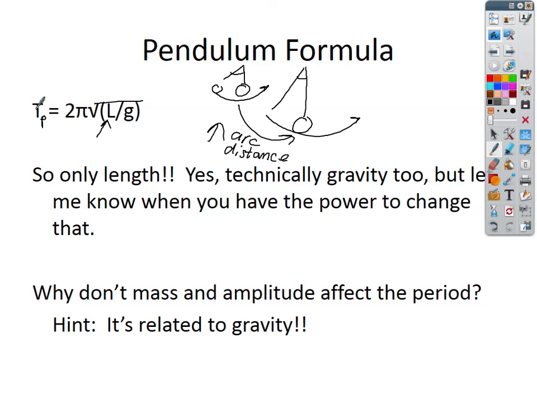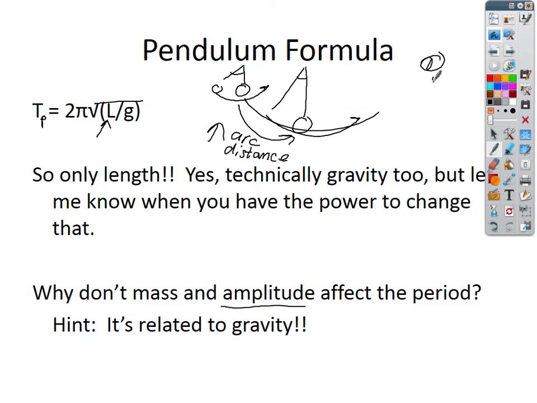Now, why don't mass and amplitude affect the period? Amplitude, basically the same reason why displacement didn't affect the spring. If I pull that object up higher, what's going to accelerate it? Only gravity. Gravity is always going to accelerate it the same. It will obviously accelerate longer and therefore go faster, but it will have to travel farther.